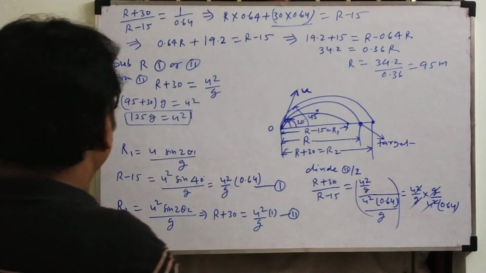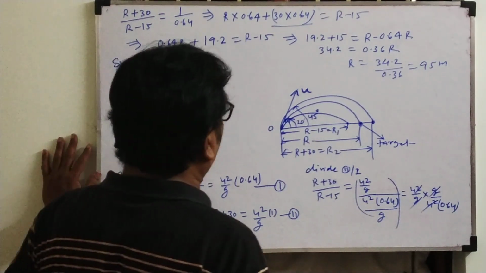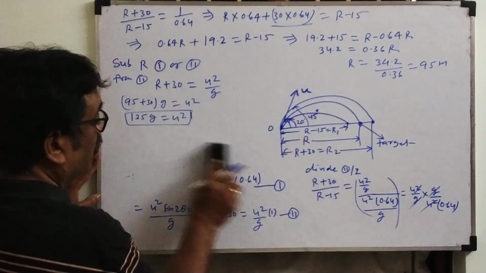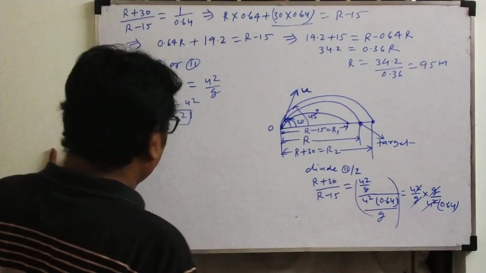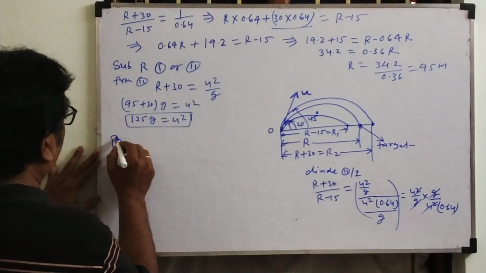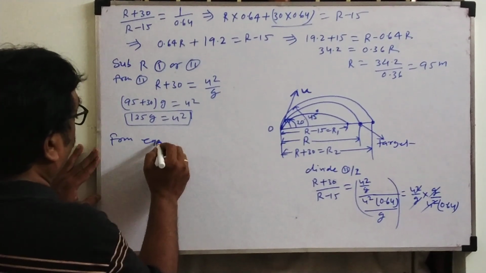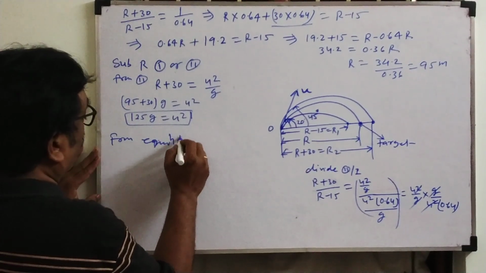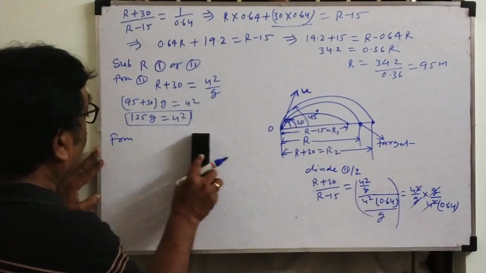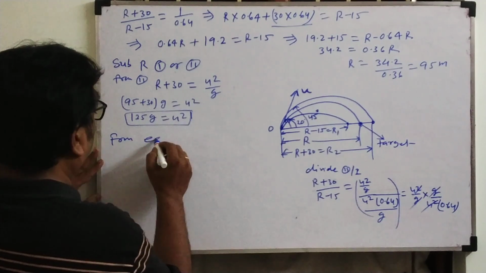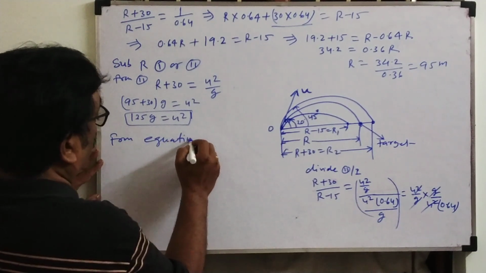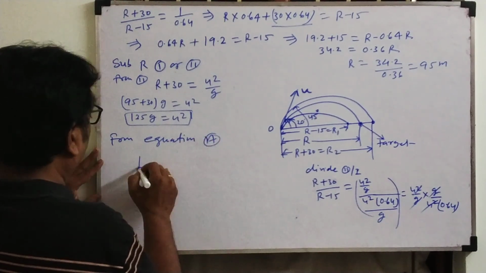Now substitute U square in equation A. What was our equation A?